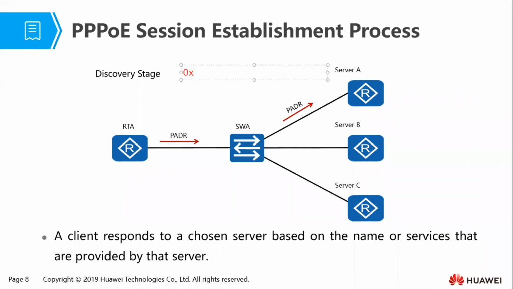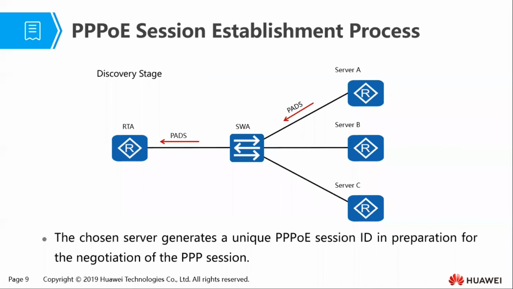And for a PPPoE active discovery request packet, the code is actually 0x19. So that is the code field number that is used to identify that particular packet.